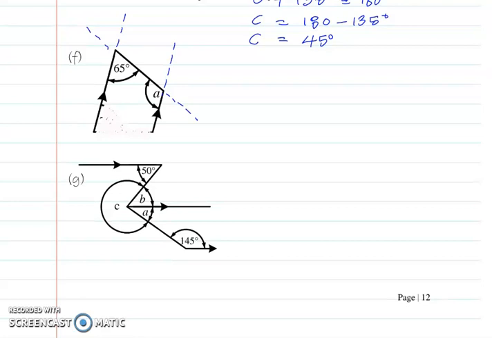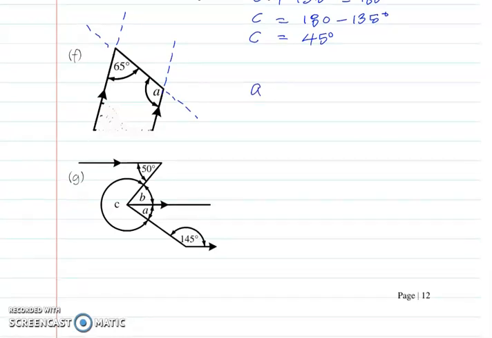And what this is saying to me is that A and B are between the parallel lines. Therefore, they are called interior angles. They are both between the parallel lines and they are on the same side of the transversal. They are called co-interior angles. So A, let's write the A above that.